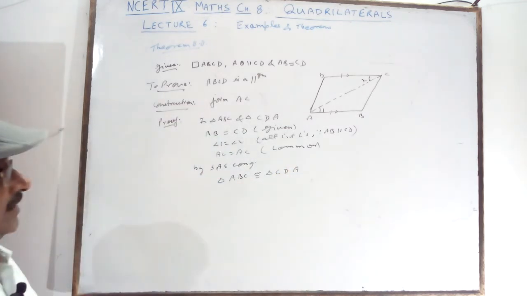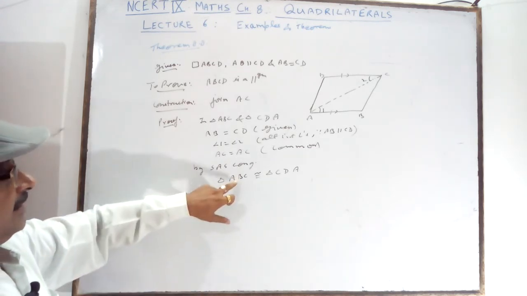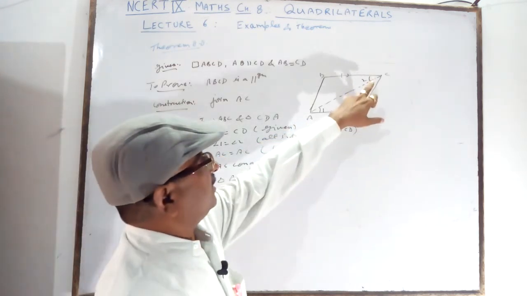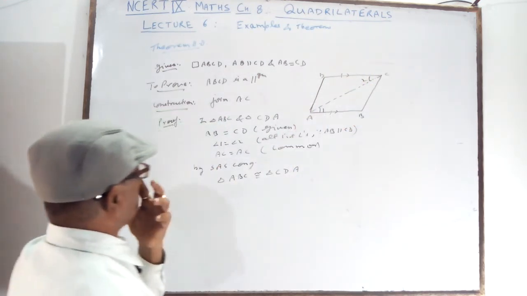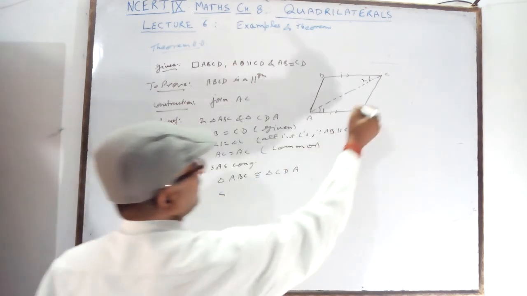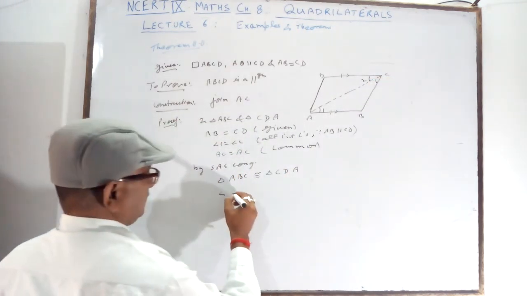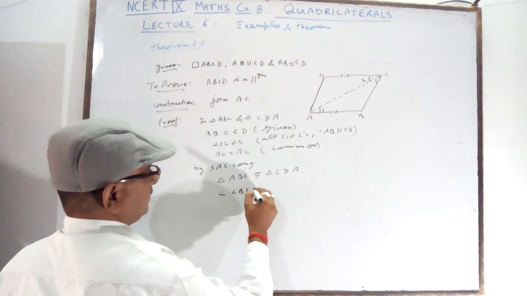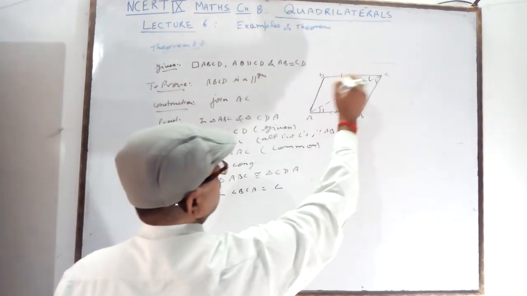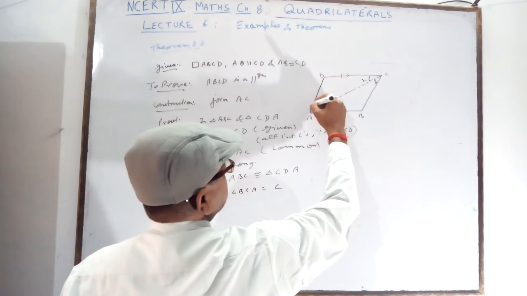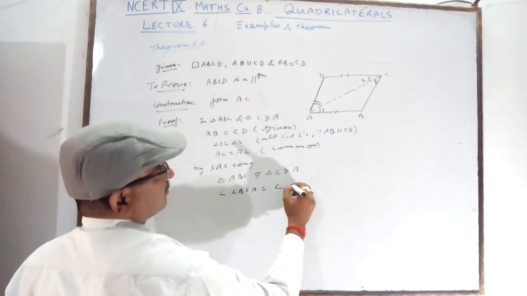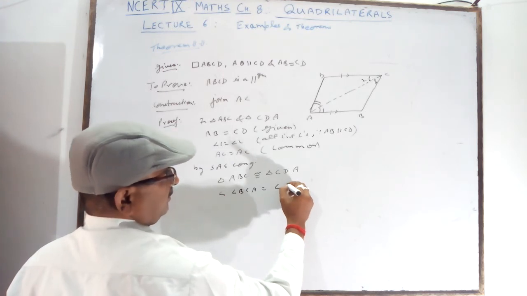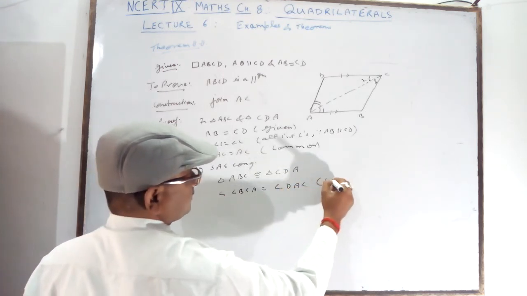If it is congruent, then what will you get? Triangle ABC congruent to CDA means angle BCA is equal to angle DAC by CPCT.